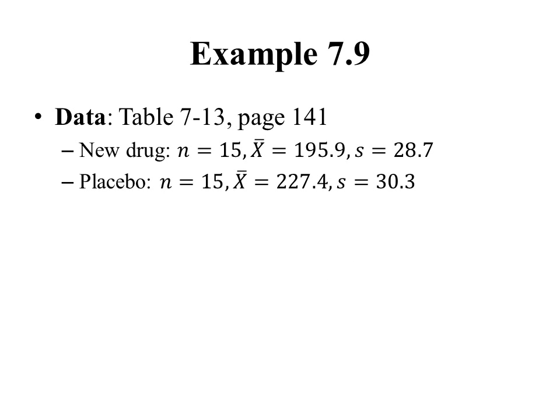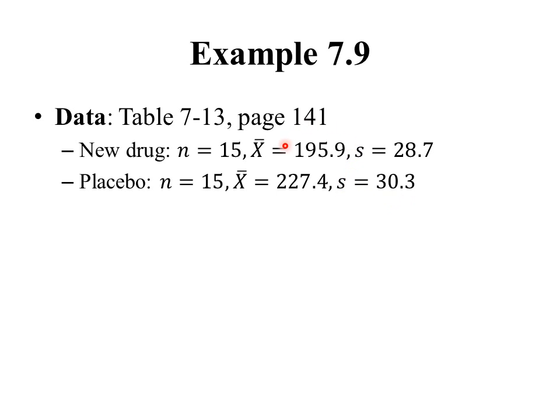To test our claim, we went out and gave the drug to 15 patients. We took their cholesterol 6 weeks later, and they had a mean of 195.9, and their standard deviation was 28.7. We put 15 people on a placebo. Their cholesterol 6 weeks later had a mean of 227, with a standard deviation of 30.3.